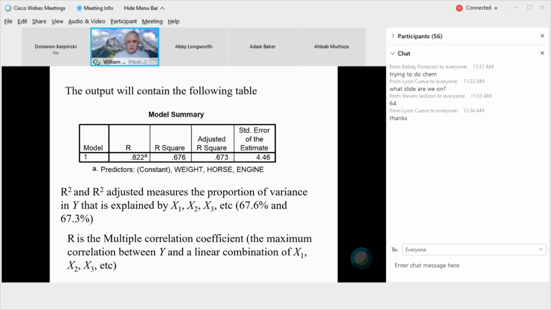Here's one of the tables that comes out. R squared adjusted. The standard error of the estimate, this is the estimate of sigma.